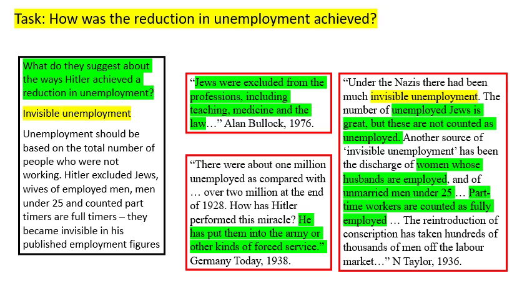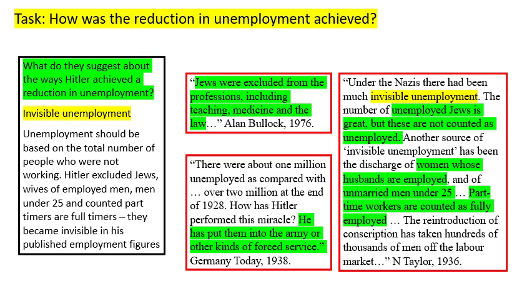Now, Hitler excluded Jews. He excluded the wives of employed men and men under 25, and he counted the part-timers as full-timers. So in the unemployment figures, they became invisible. So that is what we mean by invisible unemployment. They just weren't counted.